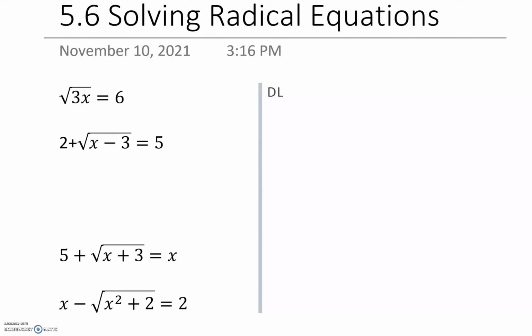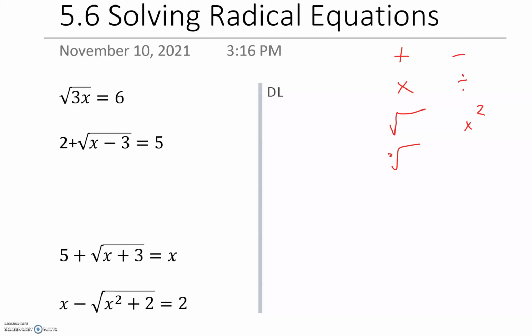Well, let's take a look at our first one. And basically, this is the idea of opposite operators. So if ever we have algebra, we have to think about opposite operators. So the opposite of addition is subtraction, multiplication is division. And the opposite of square rooting is to square something, right?